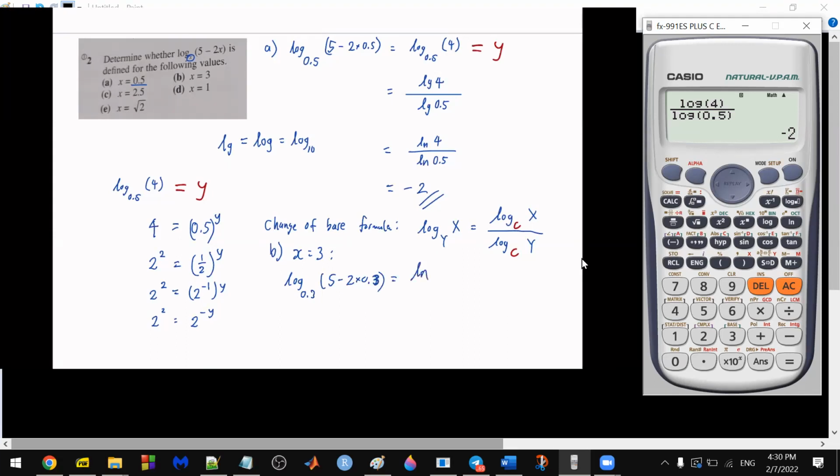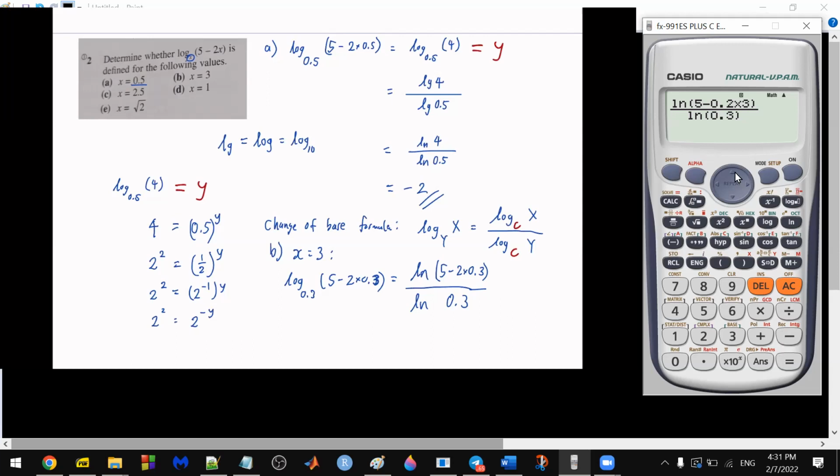So it will be ln, let's say we use ln this time, of 5 minus 2 times 0.3 over ln of 0.3. Okay, let's key it in the calculator. Fraction, ln, then ln of 0.3.